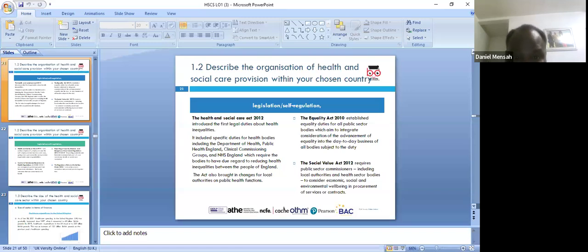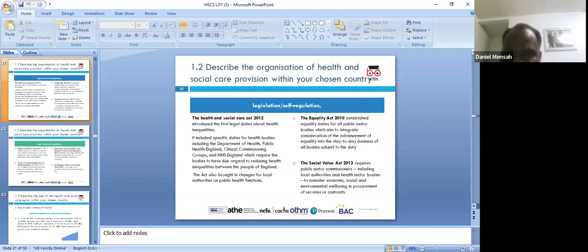The Act also brought in changes for local authorities in public health function. I've just explained that local authorities, we're talking about the council, we're talking about the social care amenity that is provided.